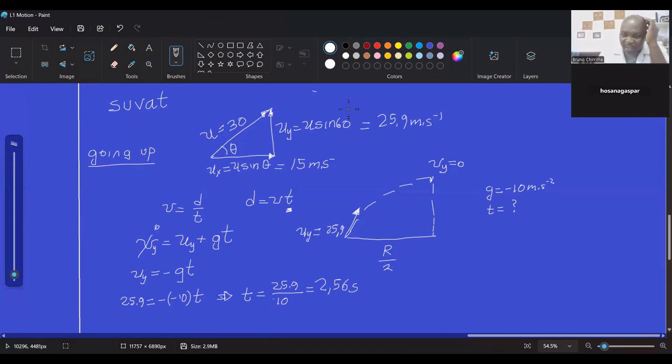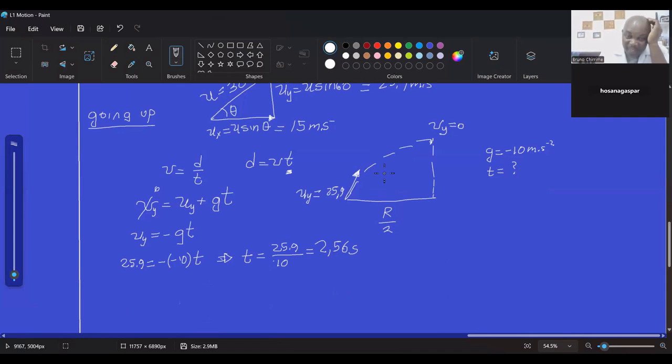Now we could think, we have time, right? So if the first half of the journey takes us 2.5 seconds, we remember that even though we calculated this using the vertical aspect, we could use the horizontal aspect. So let's say going forward. So we have time now.